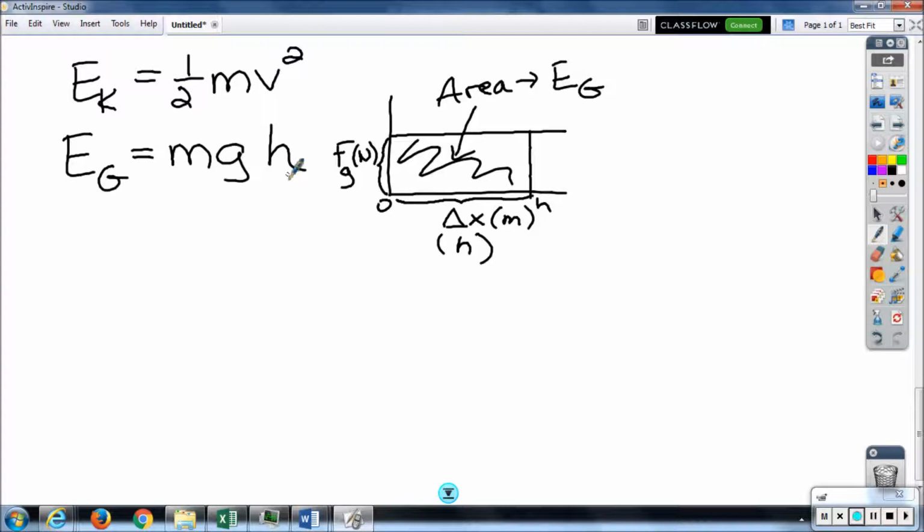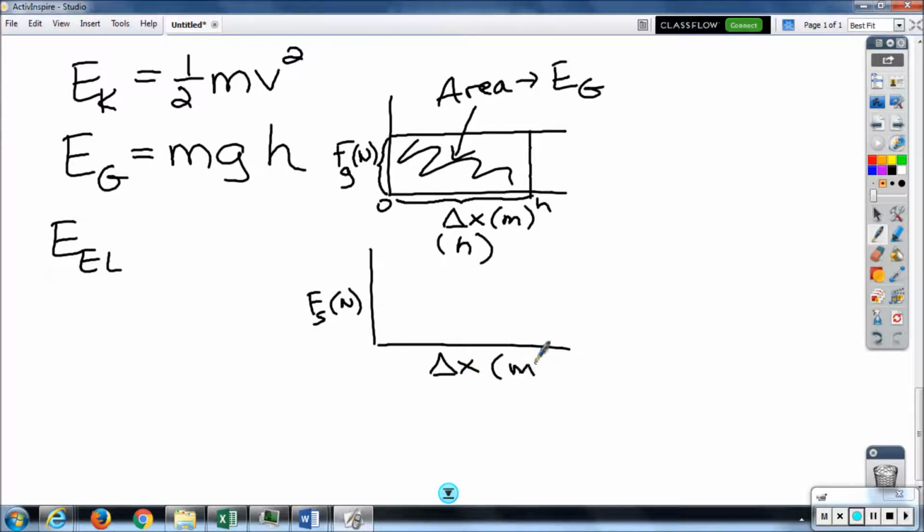The next form of energy that we learned about was elastic potential energy. As a side note, we did the spring lab and learned a little bit more about the spring force. This delta x here represents the amount of stretch or compression that the spring experiences.